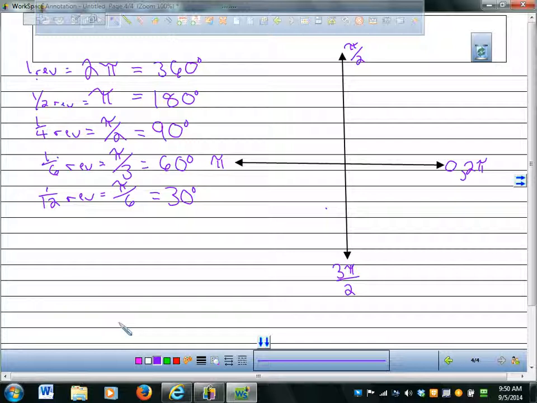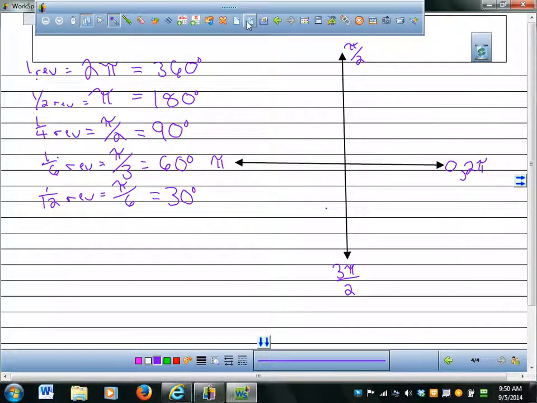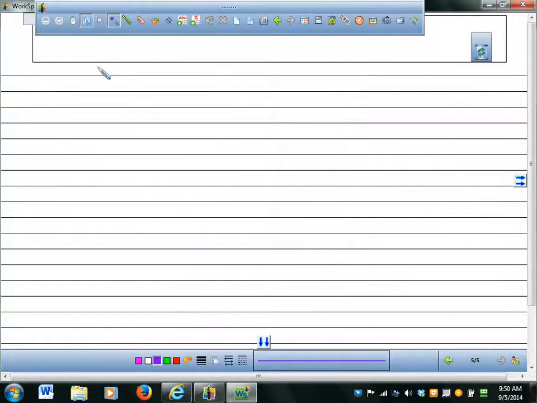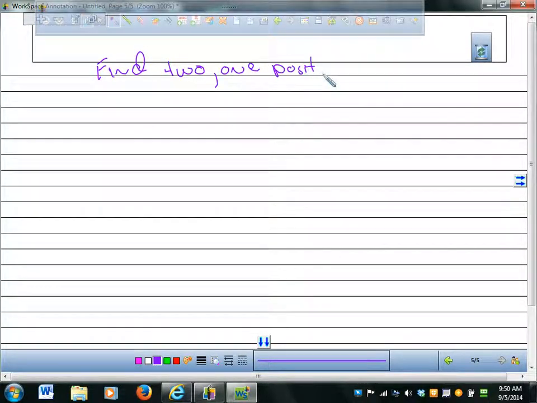Okay, so now we're talking about coterminal angles. Can I go on? Okay, so find 2 angles, one positive, one negative, coterminal to pi over 6.